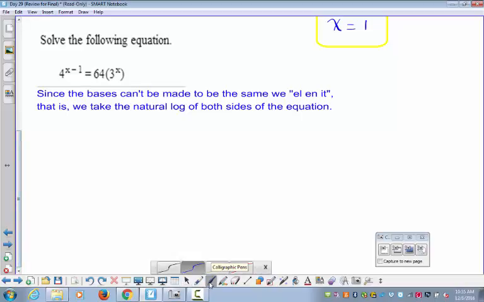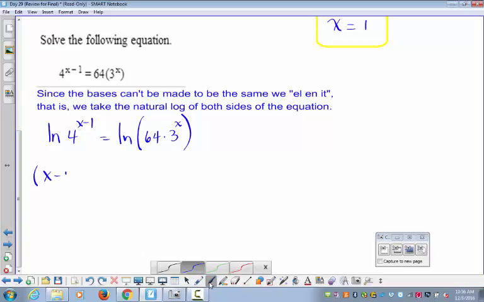So if you can't equate bases, take the natural log of both sides. On the left side, what can we do with that exponent of x minus 1? Bring it down front. So using the power rule for logs, exponents come in front.